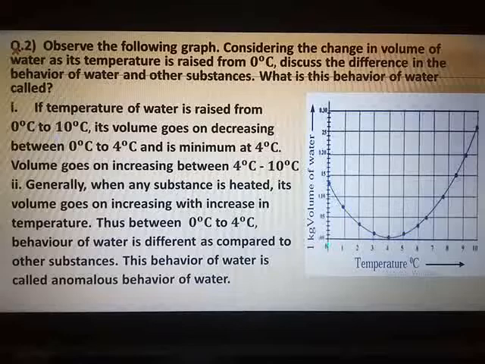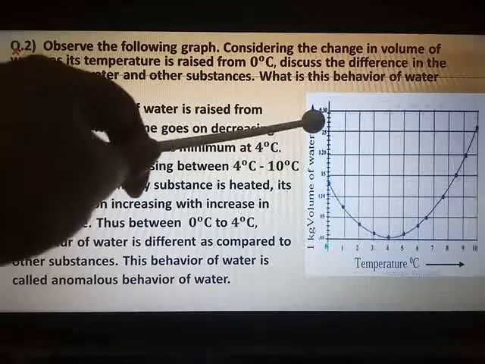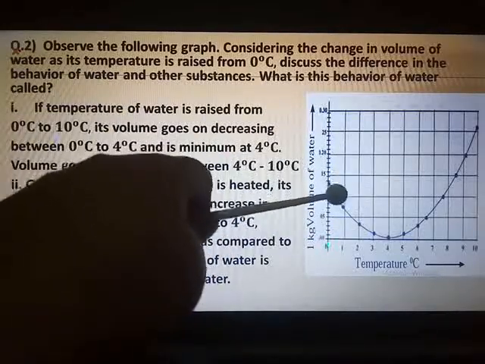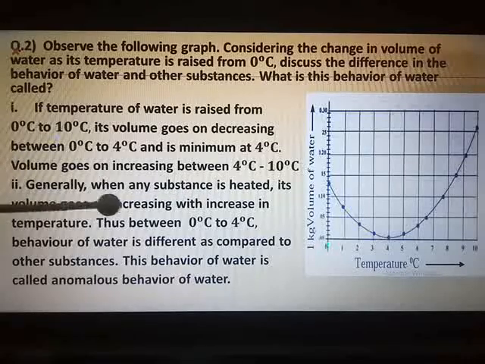Now they have asked, discuss the difference in the behavior of water and other substances. So in the second point, you are going to mention the other substances. Generally, you know, when any substance is heated, its volume goes on increasing with increase in temperature. Here you can see, with the increase in temperature, volume is decreasing. But generally, when any substance is heated, volume goes on increasing with increase in temperature.